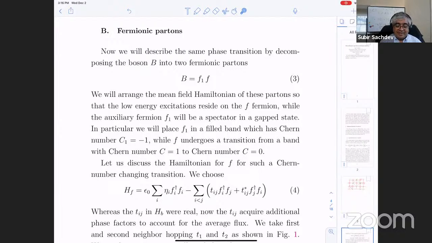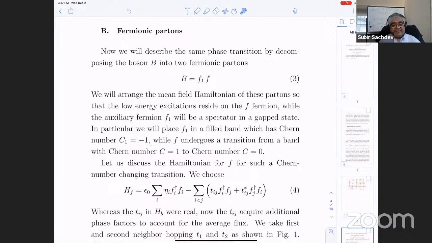Ultimately we don't want any gapless fermion excitations floating around. We don't want any Fermi surfaces, and you certainly would not get the phases you want. So we're just going to assume that the bands are either fully filled or fully empty. Okay, so we take the F1 parton, and we're going to put it in a band which has Chern number -1.